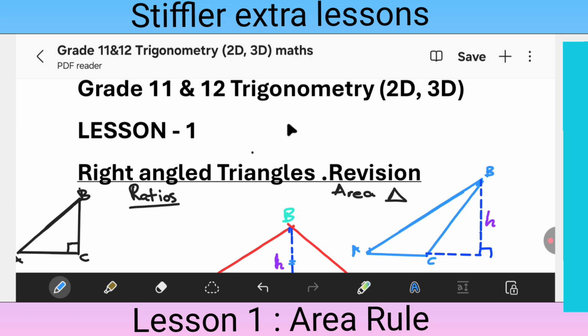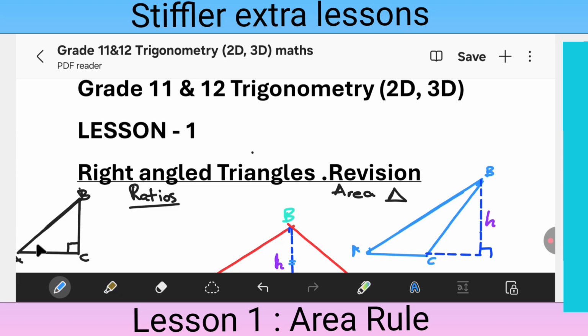Before we begin, let me remind you of everything that we used to do from the previous grades. In a right-angled triangle, if you're trying to find either the sides or the angles, we use the ratios. I'll write the three ratios that we focus on mostly in trigonometry.